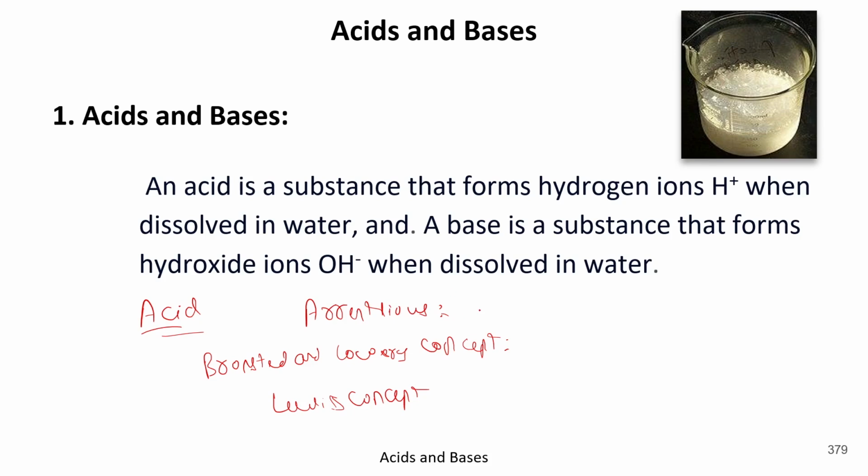Okay, first of all, Arrhenius said that acid forms H plus ions in aqueous solution. Okay, so Arrhenius was the one who said that acid forms H plus ions in aqueous solution. Got it?